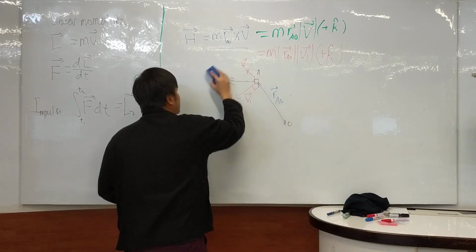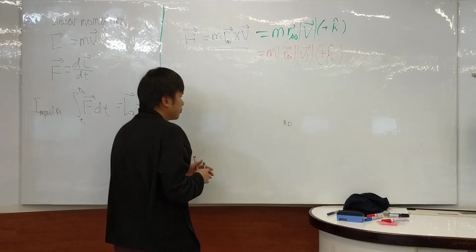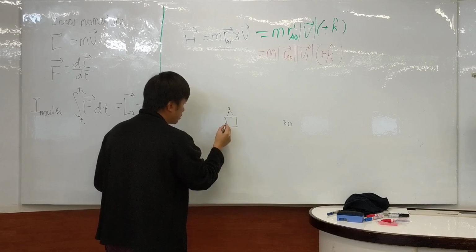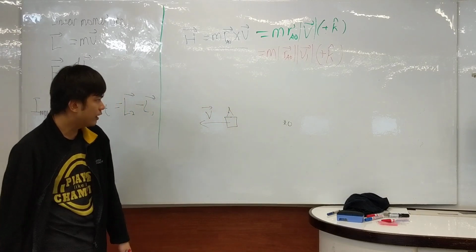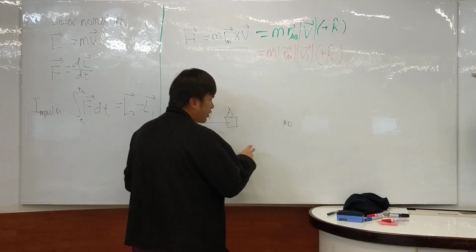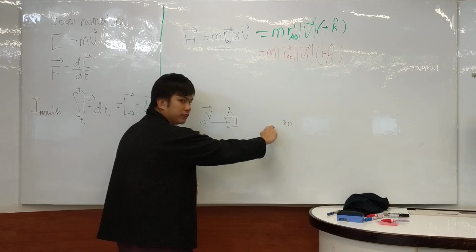The other extreme basically assumes that today point A was moving with a velocity in this direction. And I want to find the angular momentum of this point with respect to another point O, but this O is actually parallel to the velocity.